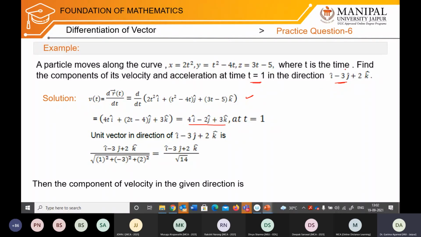Now I need to find the velocity in this direction. What does it mean? How can I find the velocity in this direction? The unit direction will be the vector itself, that is i cap minus 3 j cap plus 2 k cap, upon the root of coefficient of i cap square, coefficient of j cap square, coefficient of k cap square. This is the unit vector in this direction, right?